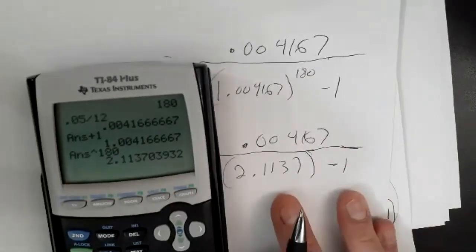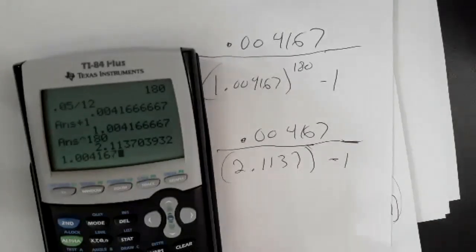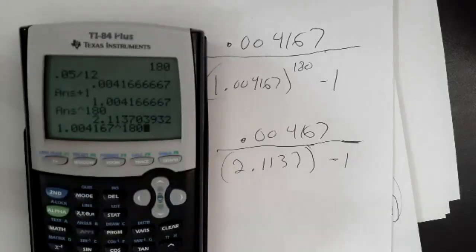Okay, so you got to do 1.004167, and you have to raise that to the 180 power. I don't know how this looks on your calculator. It's a little bit different with each, how you do exponents, but it should be giving you something around 2.1138, somewhere in that ballpark.